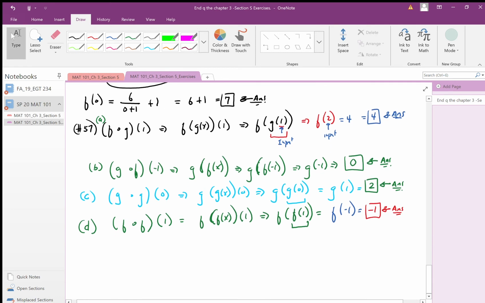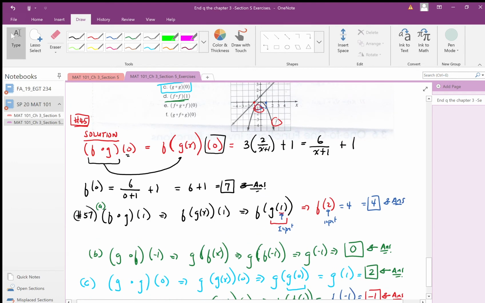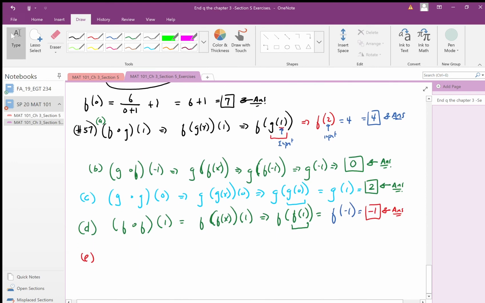Okay, and then I have E, which is this right here, and that's going to be the composite of F, G, F. Okay, so what I want to do now is I want to do F of G of 0.